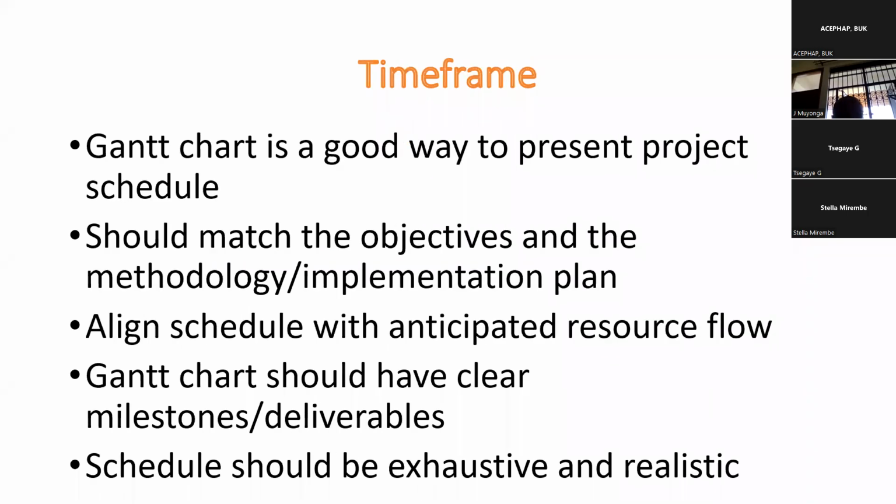Time frame, of course, is important. We said aspect of when what will be done needs to be described. And one simple way to capture that is in the Gantt chart. And as you have your time frame, it's important that you cross-check it against the implementation plan.